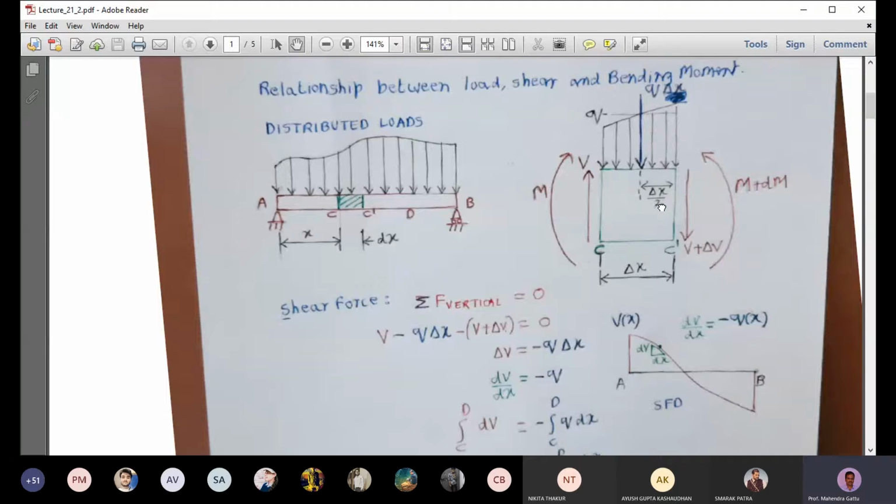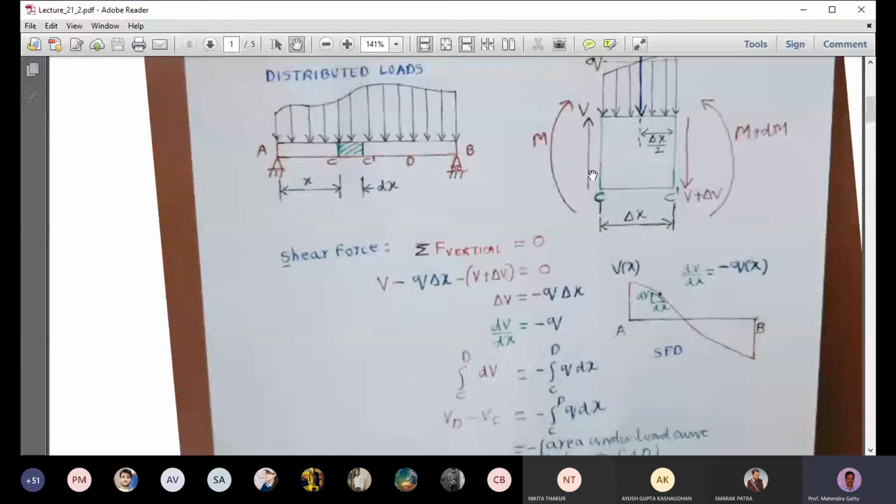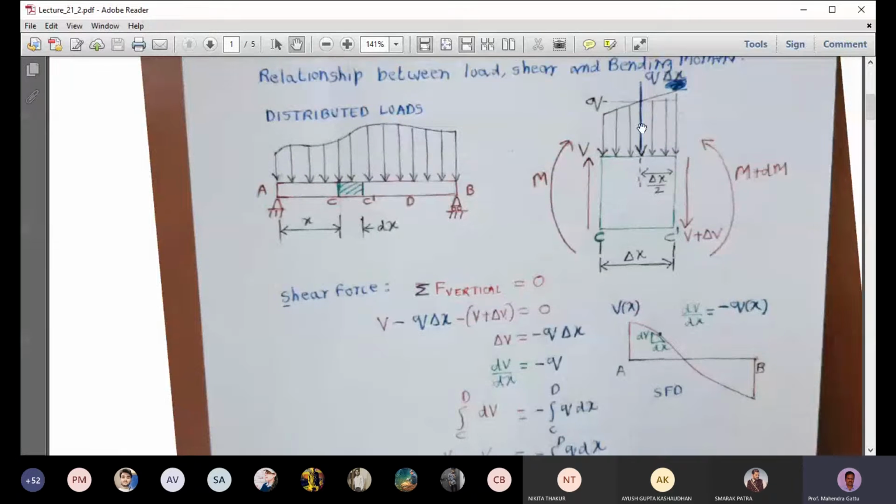Let's do the force balance in the vertical direction, and we'll get some information regarding the change in the shear force, delta V. We have V in the upward direction, then Q delta x in the downward direction, and V plus delta V in the downward direction. So we have V minus Q delta x minus (V plus delta V) equals 0.